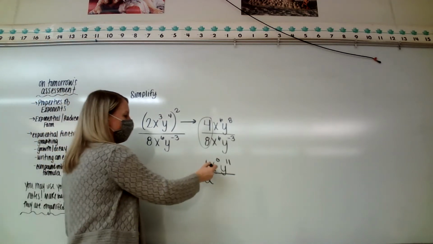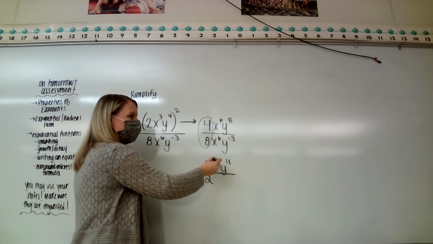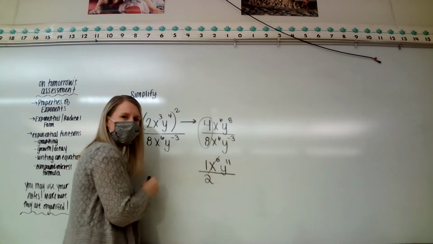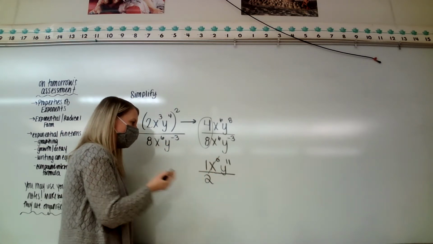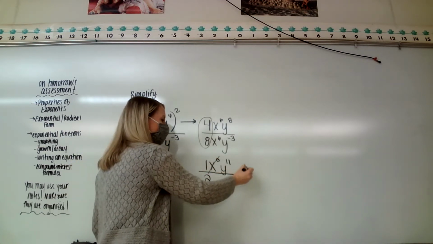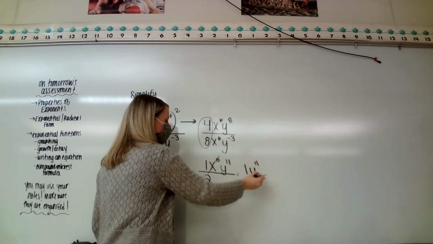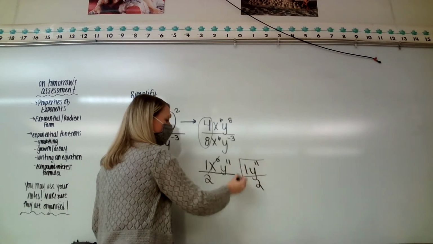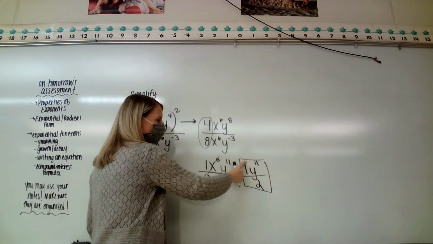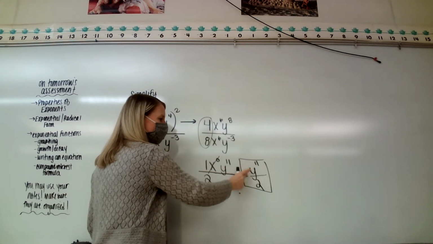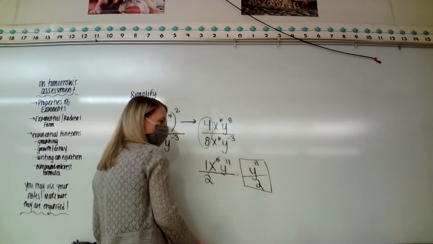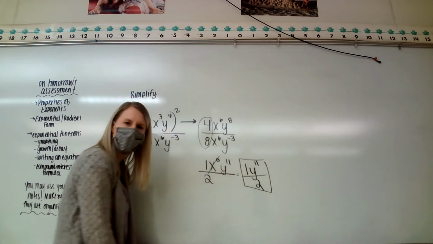If anything is raised to the 0 power, it is 1. Basically, you can just cancel it out. We don't have to write a 1 because 1 times anything is itself. So my final answer is y to the 11th over 2. And once again, 1s are kind of disposable. You don't really need them unless there's nothing there. So you could write it like that, or you could have the 1 in front, either way.